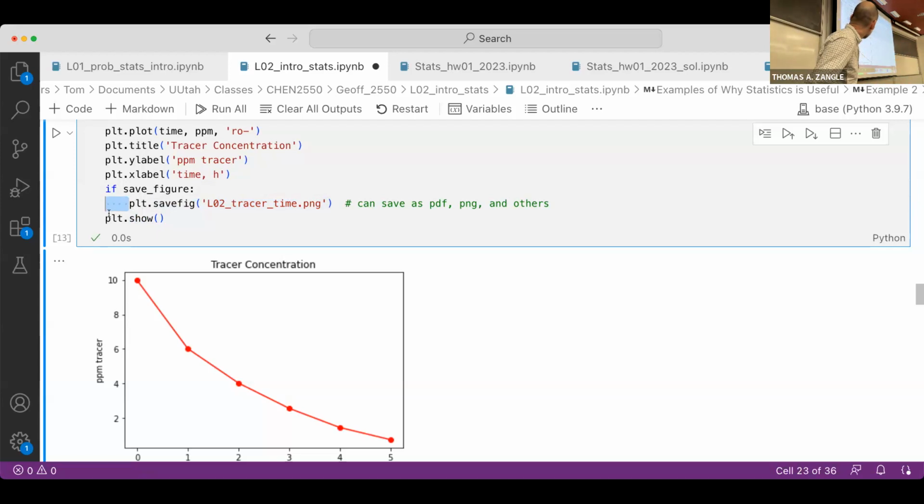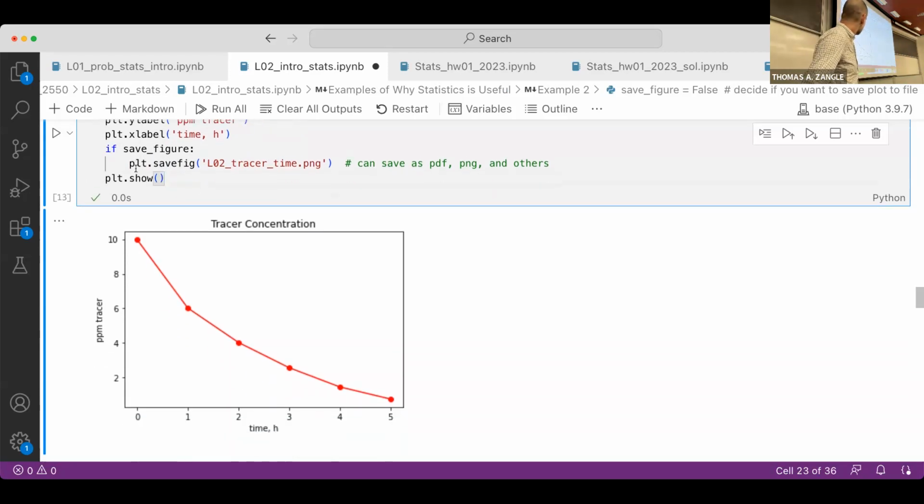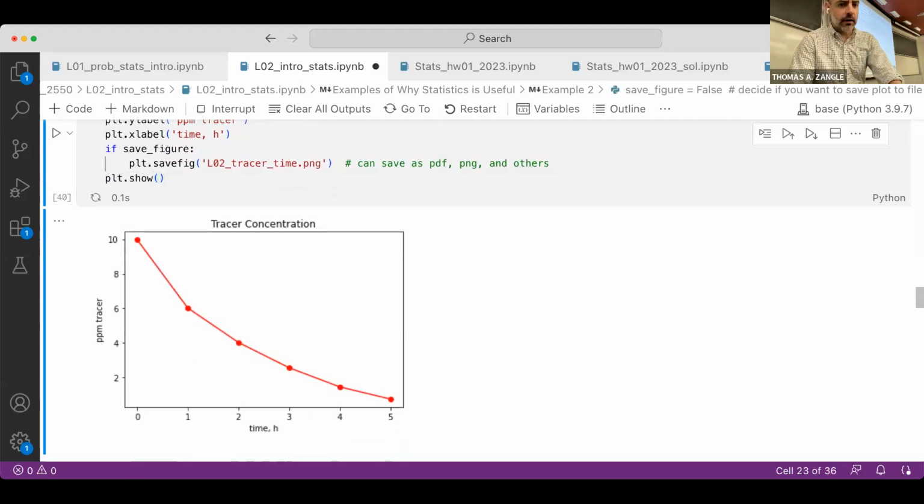And so this is all part of that. So if I actually put this into the if statement, then that plot would never show. So I have to actually take it out of the if statement by removing the tab. And then when we run that, we get a plot of the data, the tracer concentration as a function of time.